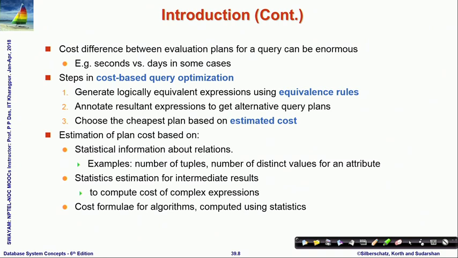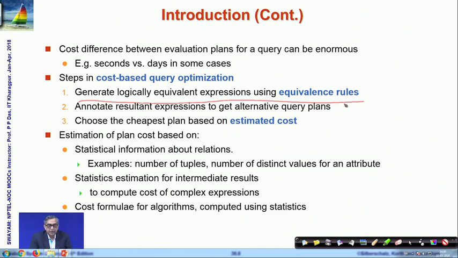So, typical steps in this kind of query optimization would be to first generate the candidates, that is, generate equivalent expressions. Given a query, I have one relational expression and we would like to generate equivalent expressions using a set of equivalence rules. We will see what these equivalence rules are.